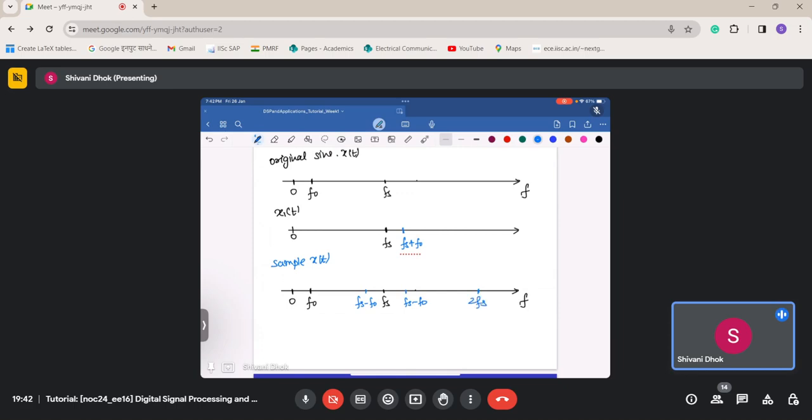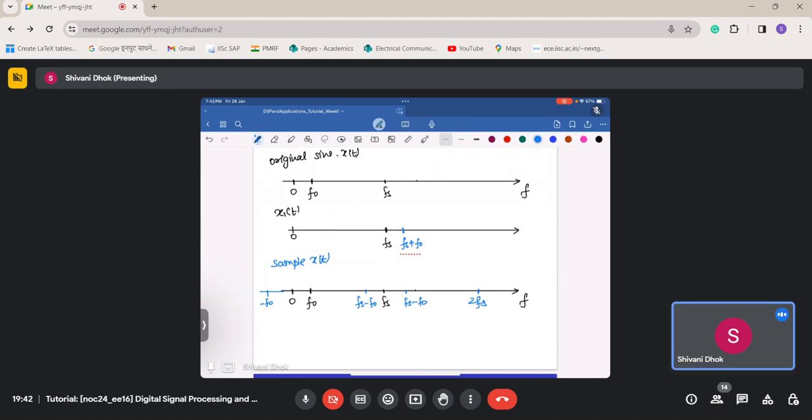Also I'll have it at fs minus f naught, and also at minus fs and minus 2fs, everywhere. Am I right? From minus infinity to infinity I'll have replicas.